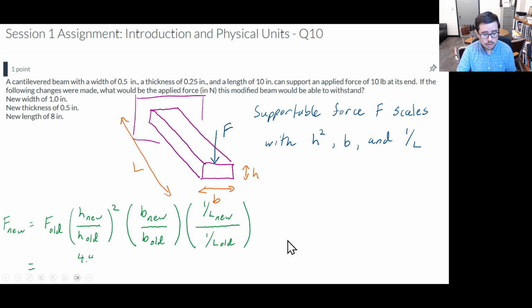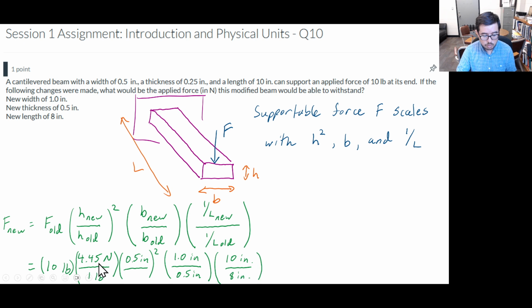And when we plug in the numbers, so 10 pounds, and we do a conversion, so we're going into newtons, so we have 4.45 newtons is equal to 1 pound, and we have this ratio of the thicknesses squared, ratio of the width not squared, but just linear ratio, and inverse ratio of the lengths of this beam. And we get the resulting force that we can support.